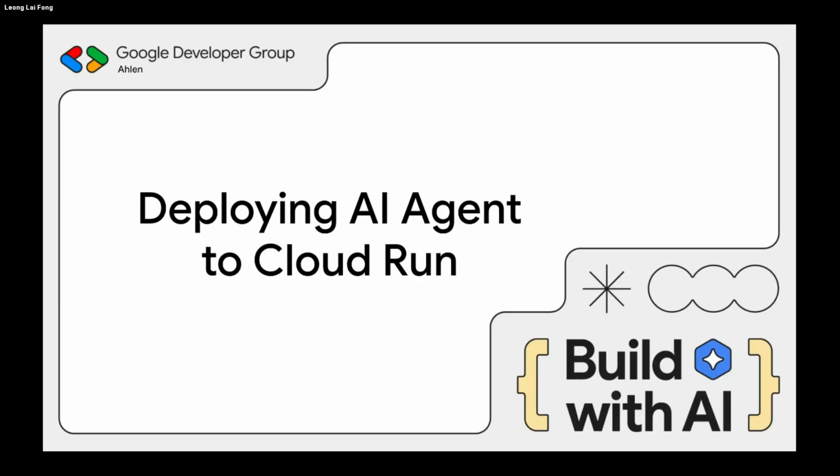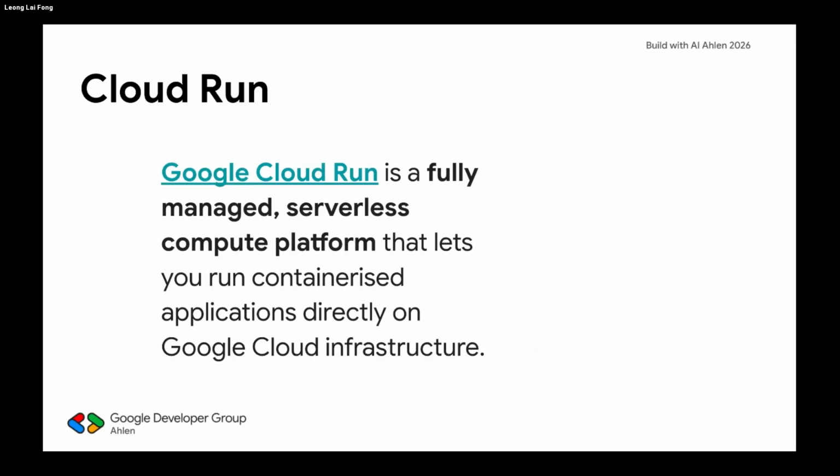Now, very quickly, after we have done the refinement and evaluation, we want to deploy the AI agent to production. So we will choose Cloud Run for this case. If you are new to Cloud Run, Cloud Run is a fully managed serverless compute platform.